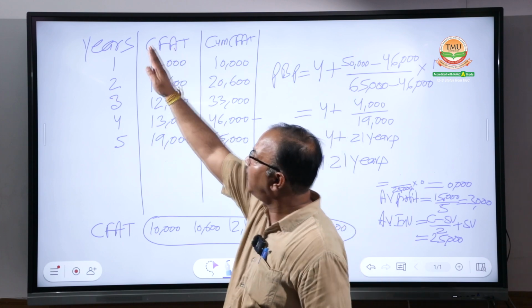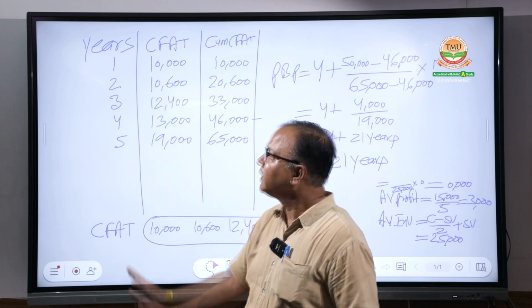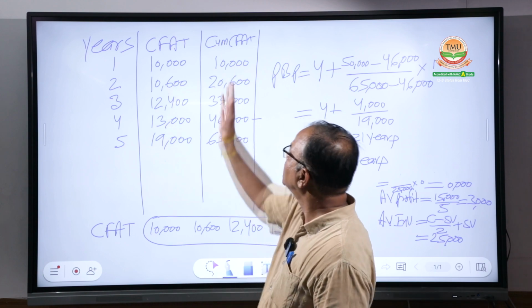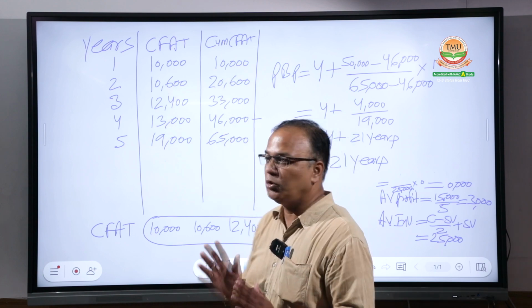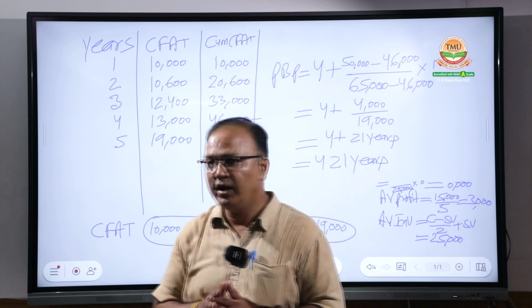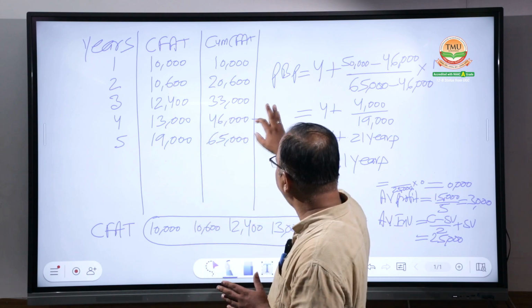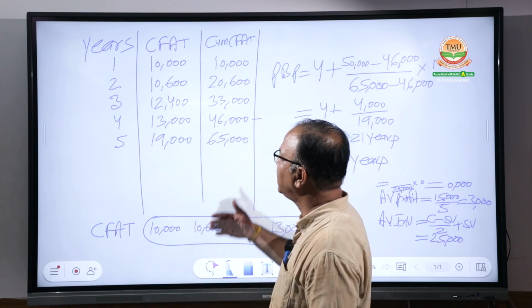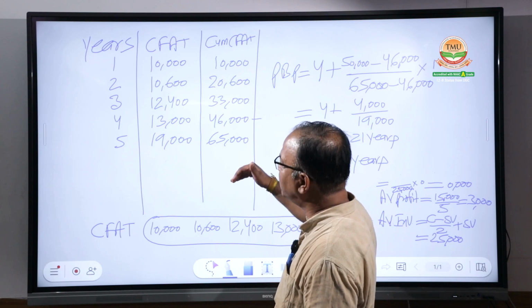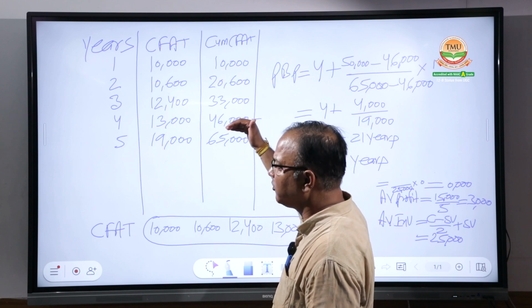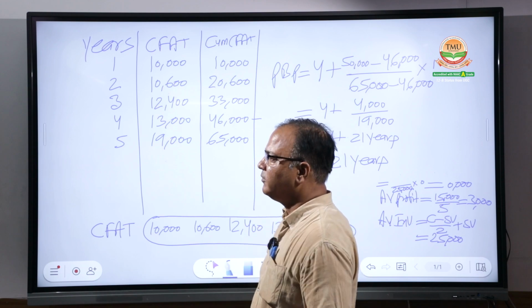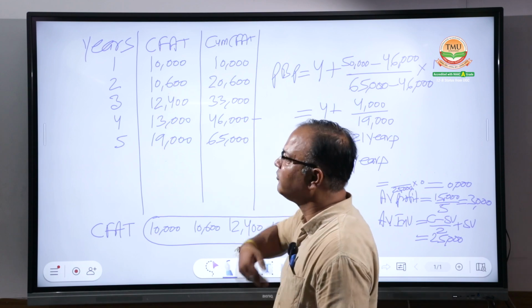So simply you have to write down the number of years here. In column number 2, you have to write down the CFAT, and in column number 3, you have to write down the cumulative CFAT. And you have to check where we are actually recovering the amount. Here in year number 4, we have received rupees 46,000, but we are recovering the amount in 5th year.